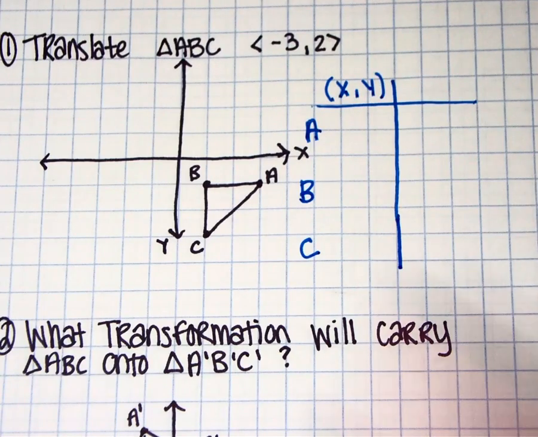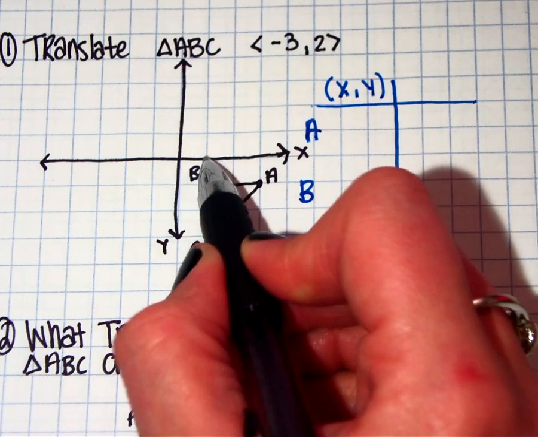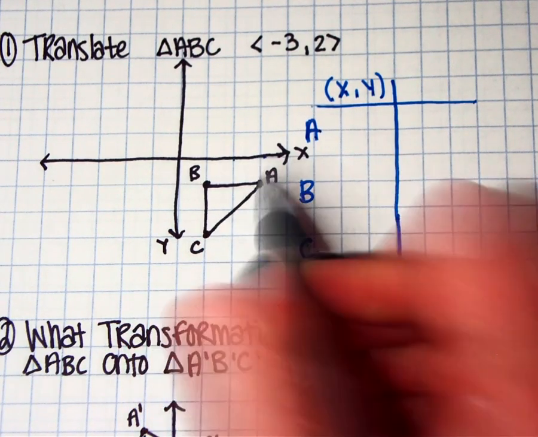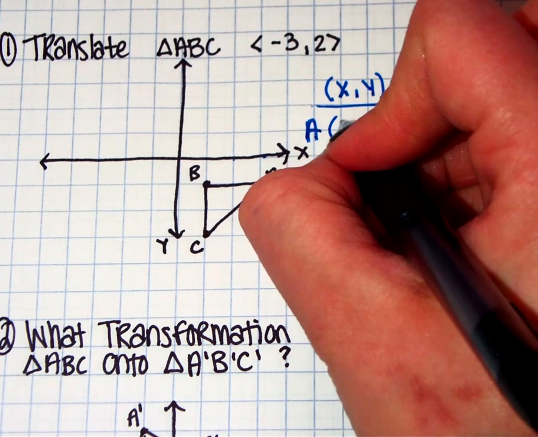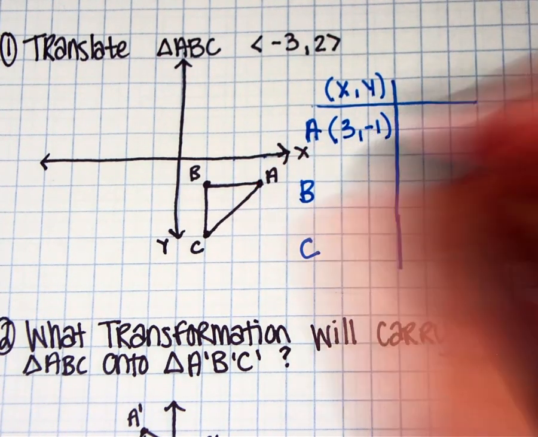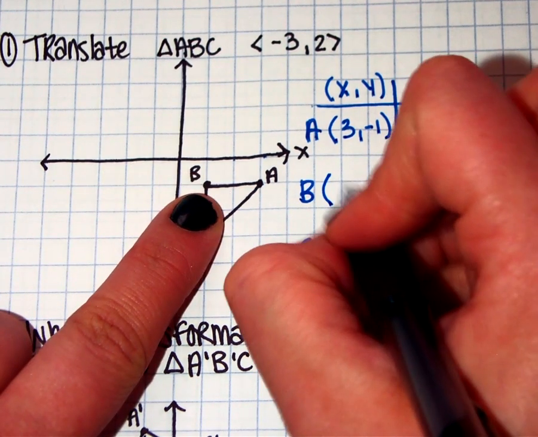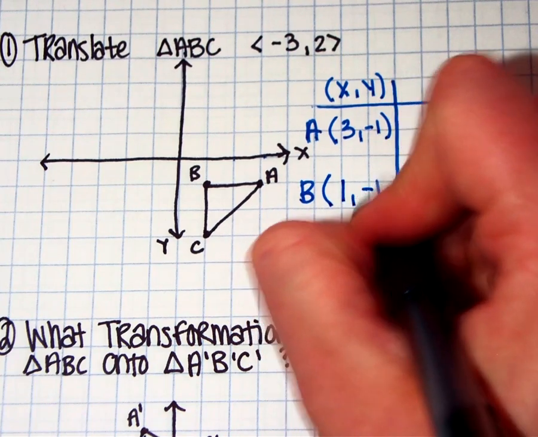So what I'm going to do is list the location of those 3 points. A's location is 3 in the X and down 1 in the Y, so 3, -1. B's location is 1 in the X and down 1 in Y, so that's 1, -1.